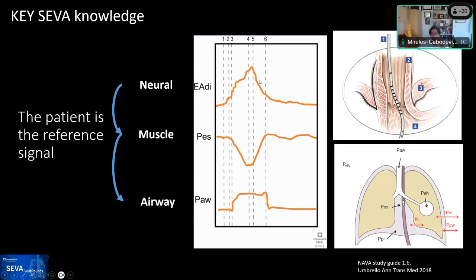That's absolutely correct. And actually, here you also see that concept of neuromechanical uncoupling, just to mention it a little bit. But you can see how the diaphragm EMG continues to peak, but the esophageal pressure stopped dropping.